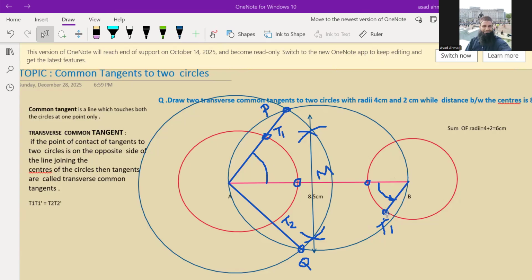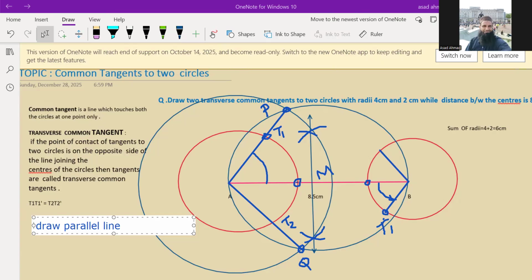So this point will be T1 dash, and in the same pattern you have to draw a parallel to AT2 in this direction. The parallel line will be drawn like this one. Let me write it because this is important information. You have to draw parallel lines.